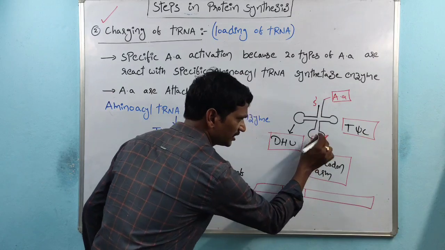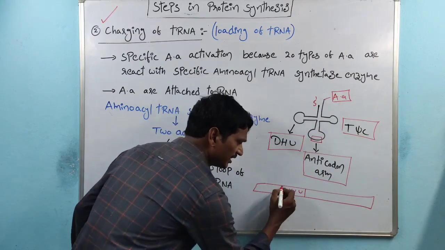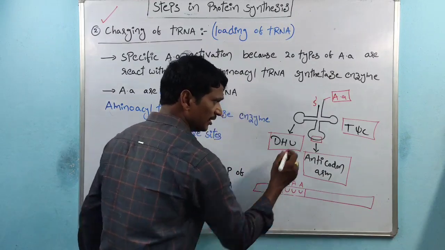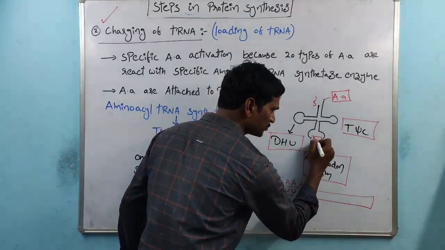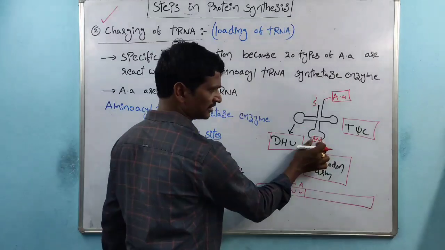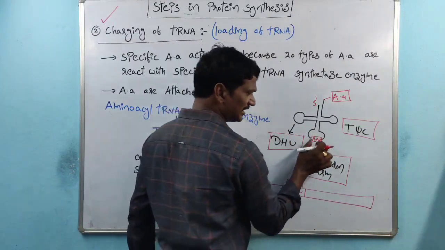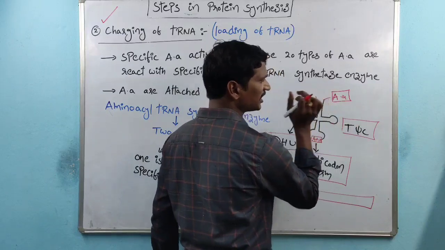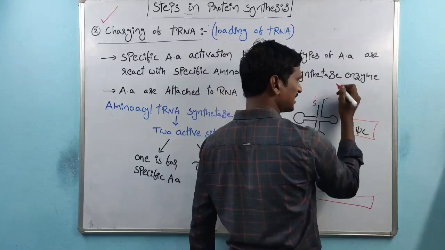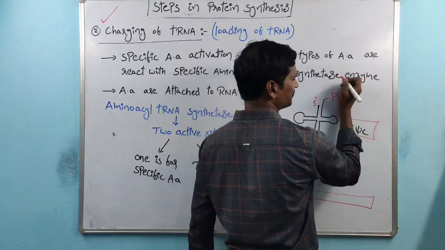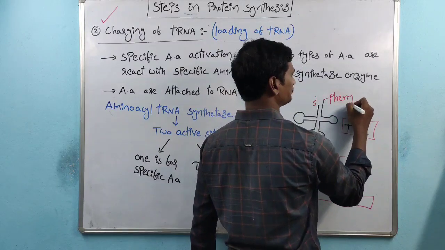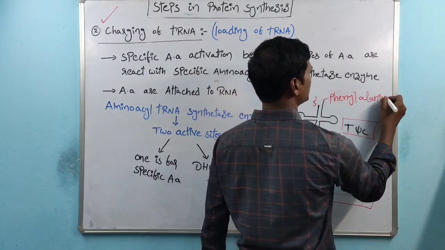The anticodon here has A. That A supports the specific amino acid, which here is phenylalanine.